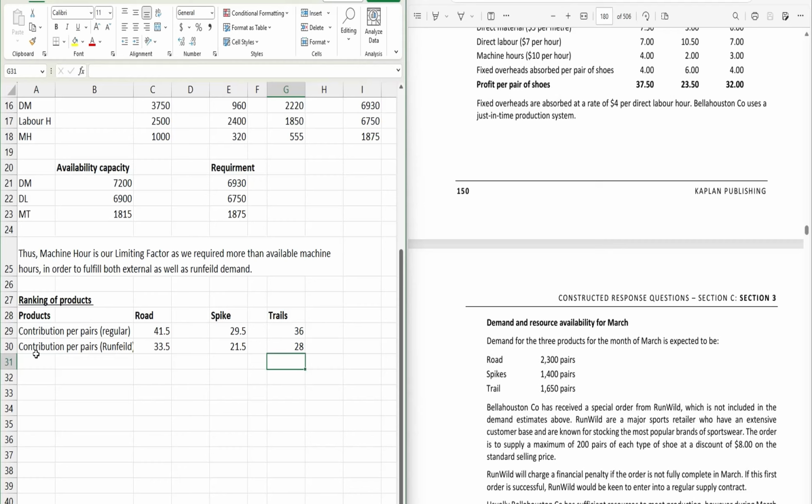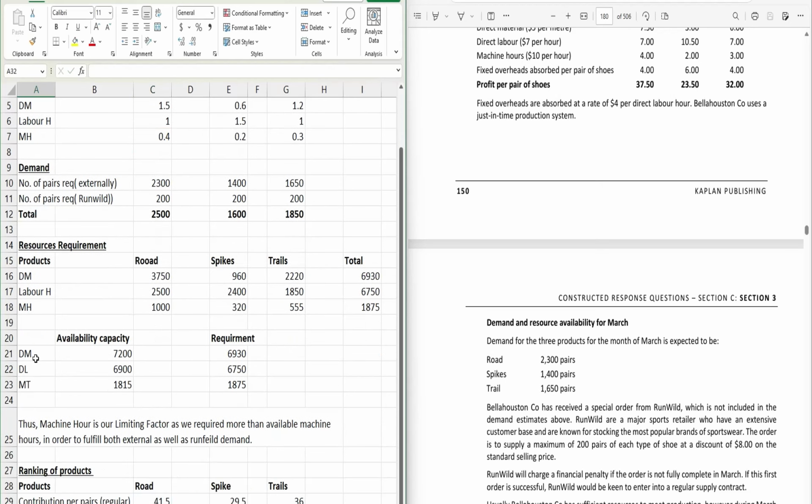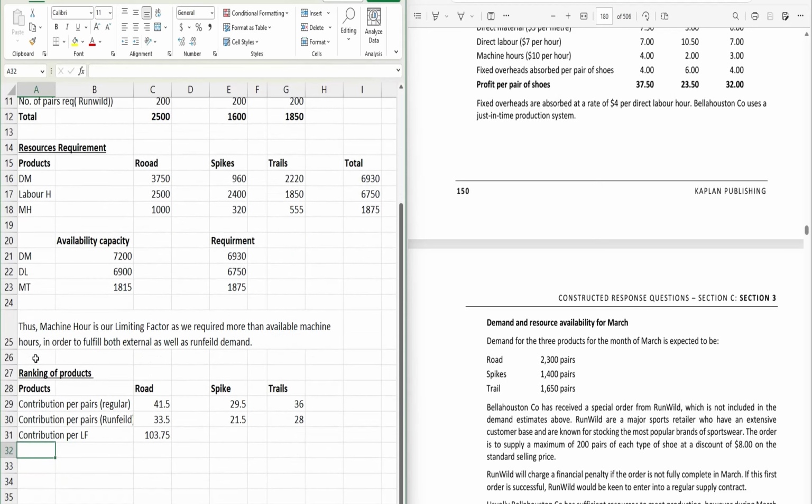So we need to calculate contribution per machine hour, because machine hour is the limiting factor. So contribution per LF, that means limiting factor. We will take the regular demand, ignoring the Runfield for now, and we will take the machine hour which we have calculated above, because machine is our limiting factor.